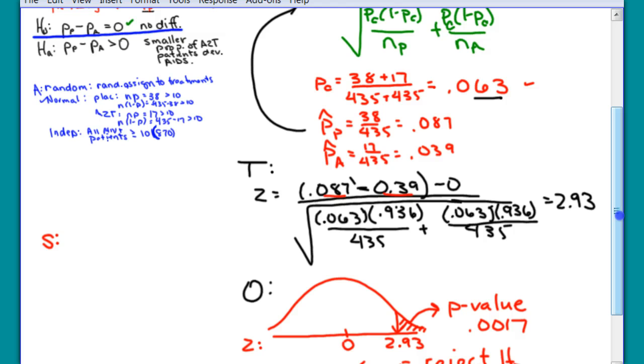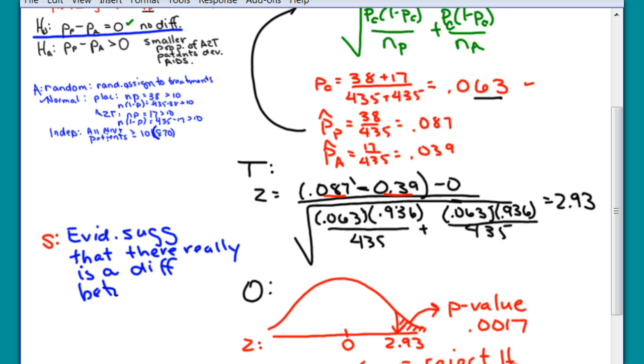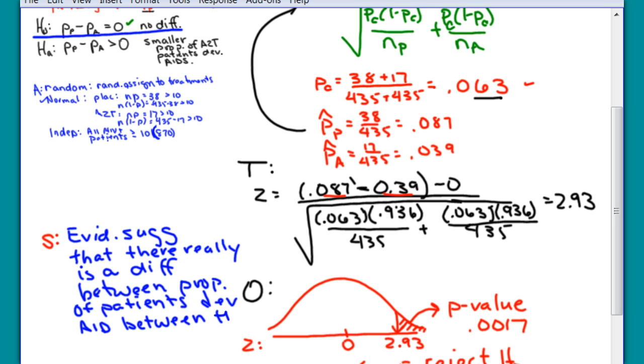If there was truly no difference, and we're rejecting that, so our evidence suggests that there really is a difference between the proportion of patients who developed AIDS between the two groups.